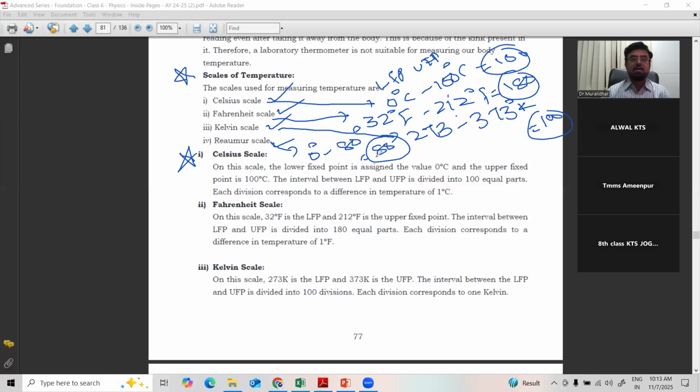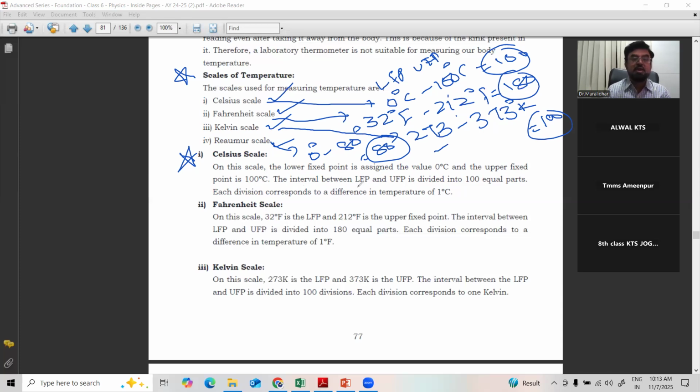Try to understand. The temperature scales are marked in Celsius, Fahrenheit, Kelvin, or Reaumur, and based on that you can measure in those units. So that explanation is given below. First, Celsius. On this scale, the lower fixed point is 0 degrees and the upper fixed point is 100.